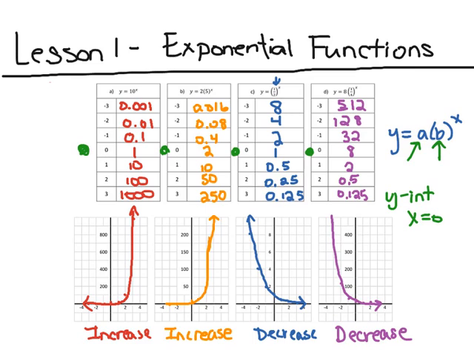And if you notice, this would be our a value for each of these. And if there's nothing there, that's the same as 1. So our a value determines our y-intercept, and our b value determines if it is an increasing or a decreasing function.